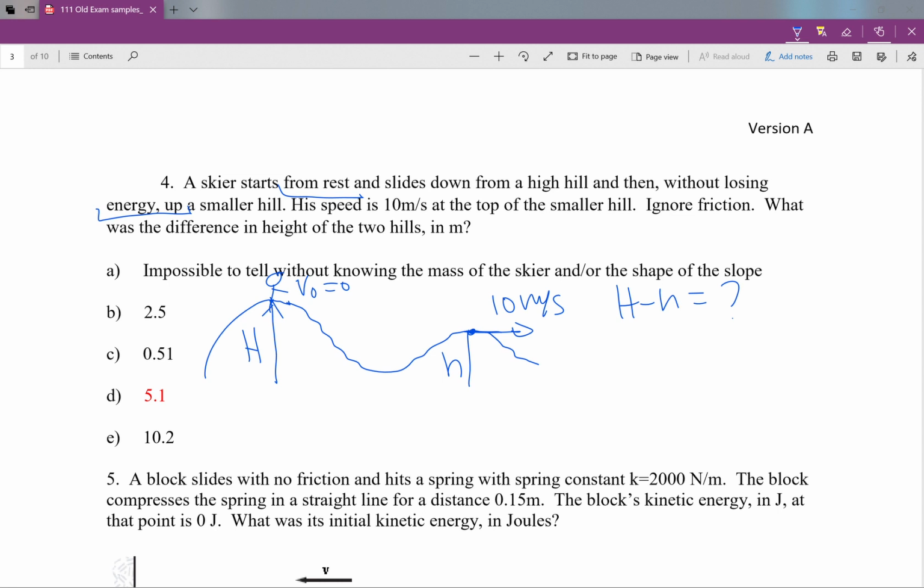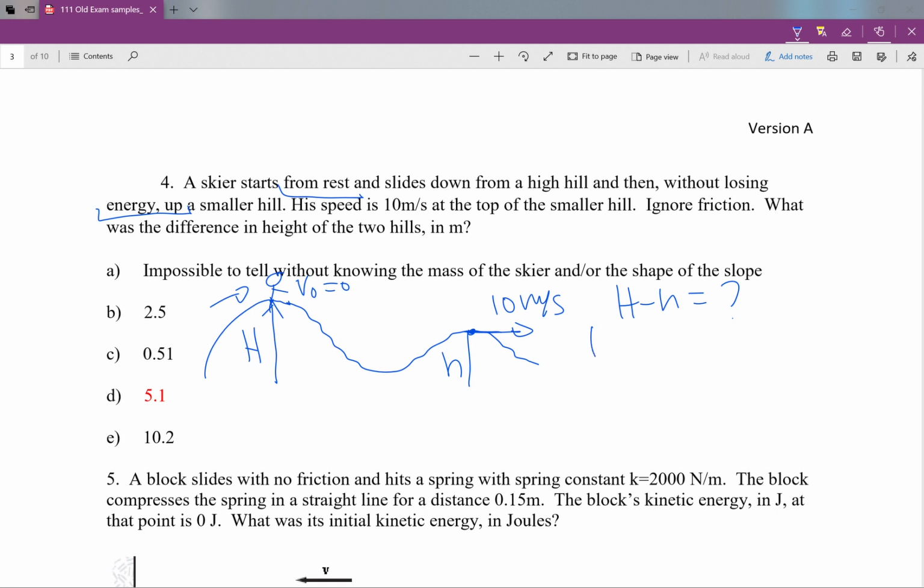Now, let's use the law of conservation of energy. We have an initial energy, which is potential energy. At the top of the highest hill, we have gravitational potential energy, but we don't have kinetic energy because the initial velocity is 0.